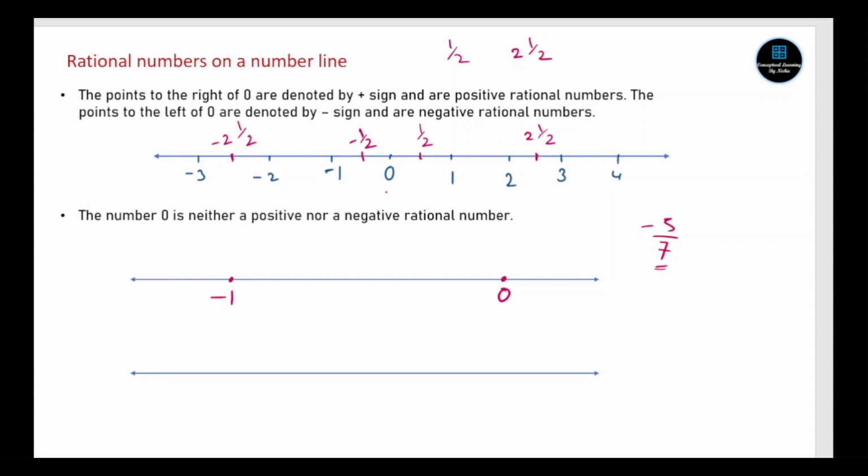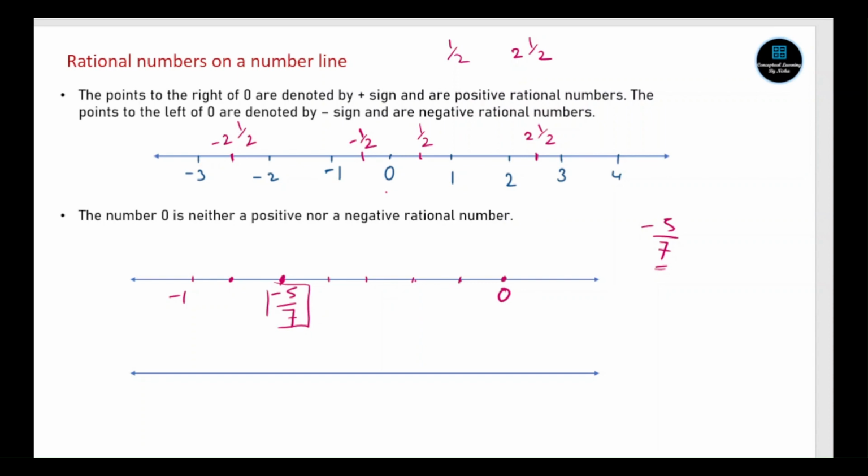Here there are 7 equal parts. So minus 1, minus 2, minus 3, minus 4 and minus 5. Here it is, minus 5 upon 7. This is how I can represent it.